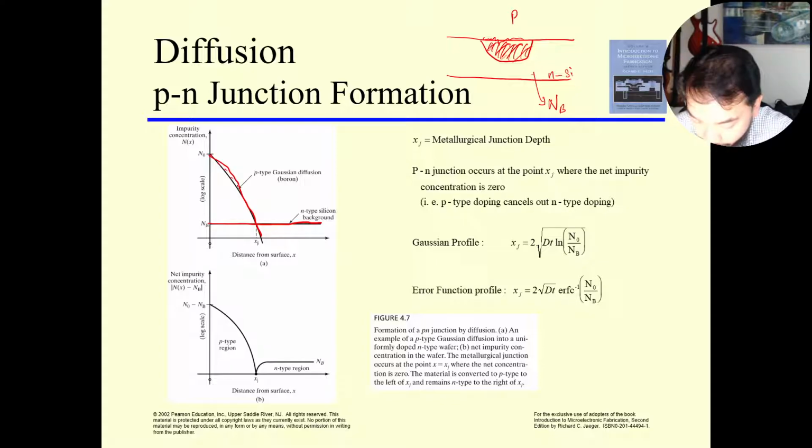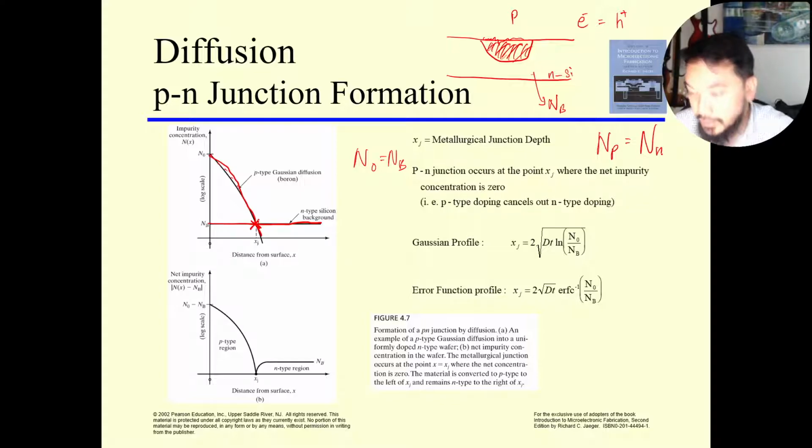When you plot the graph, what happens at this line here, whereby N naught equals NB? When N naught equals NB, the number of electrons is equal to the number of holes, so NP equals NN. When that happens, you have a neutral charge, because the equal number of positive charges and negative charges cancel out each other.